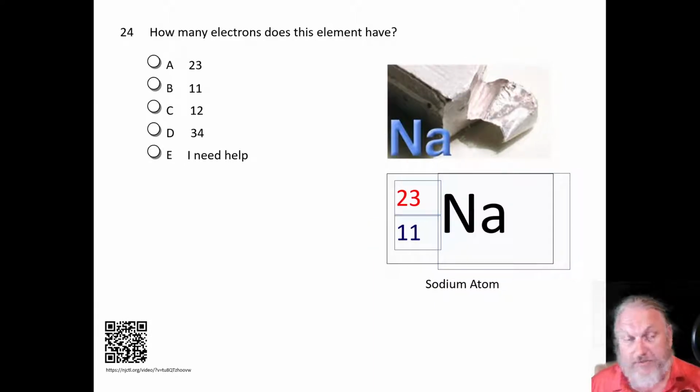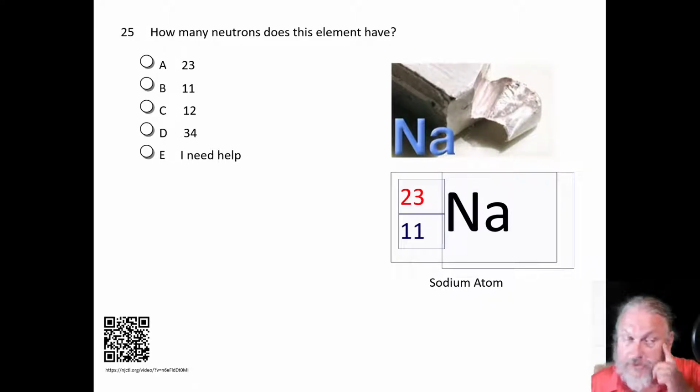Next one. We're still on sodium. How many electrons does this element have? Pause. And of course, you said 11 because in a neutral atom, the number of electrons is the same as the number of protons. So that would be 11. How many neutrons does this element have?